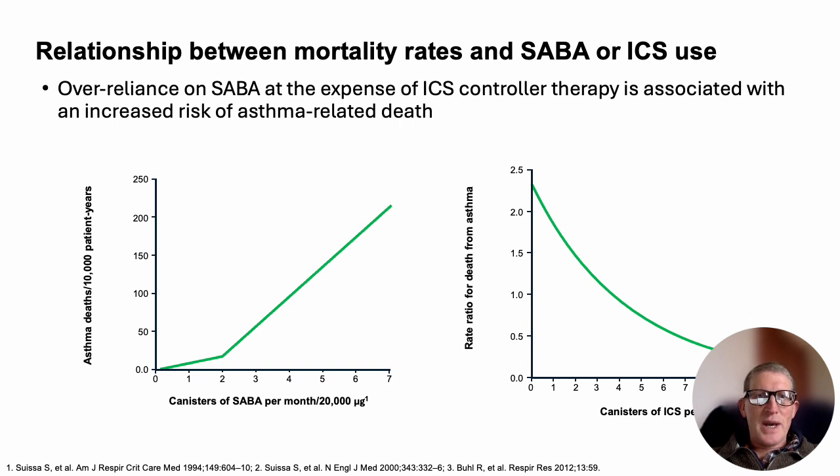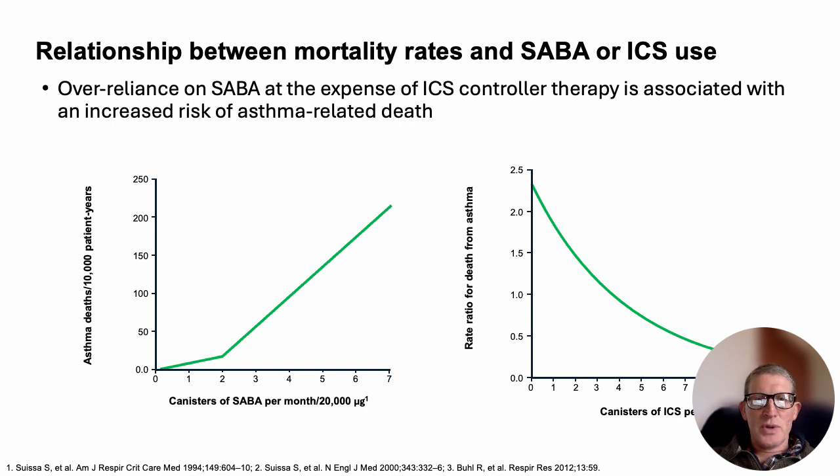Now, the key to understanding the rationale for anti-inflammatory therapy, I think, is encapsulated in this particular slide, which shows that if there is a discordance between increasing use of SABA, albuterol or salbutamol, depending on which side of the pond you're on, and concomitant lower use of inhaled corticosteroids, in other words, over-reliance on the SABA and underuse of the inhaled corticosteroid, then that results in increased mortality.